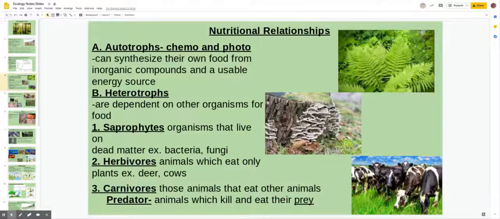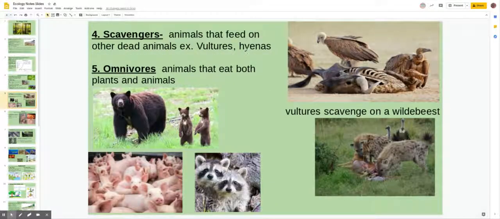And third on the list here are carnivores. Those are organisms that can eat other animals, and they come in different varieties too. There are predators, which kill and eat their prey by hunting it. There are also scavengers that are going to get their food by feeding on other dead animals. So vultures and hyenas are typical examples of scavengers.